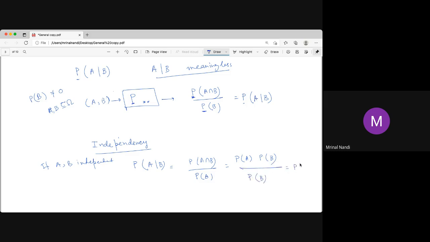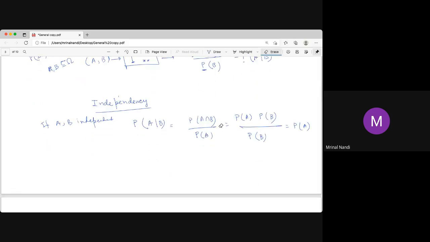Now this is probability of A. So if they are independent, the meaning is the probability of A given B is the same as probability of A. Whether B is given or not, conditional or unconditional, the probability is the same. That's why it's independent.